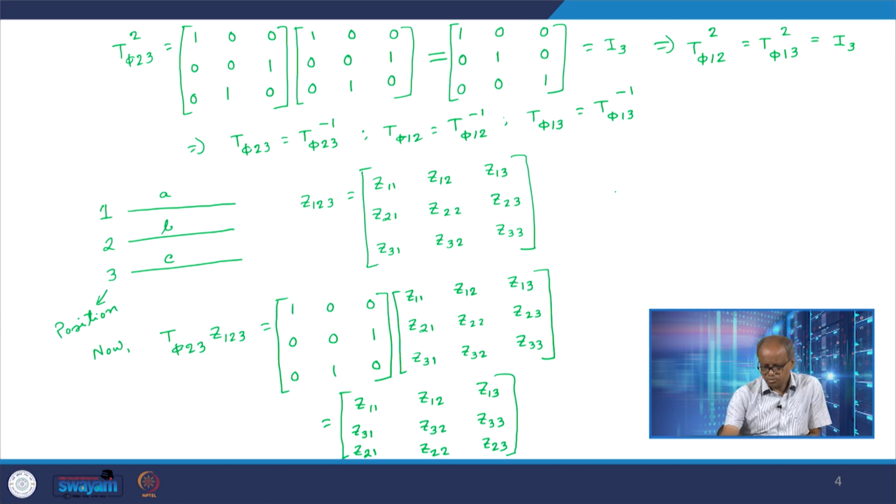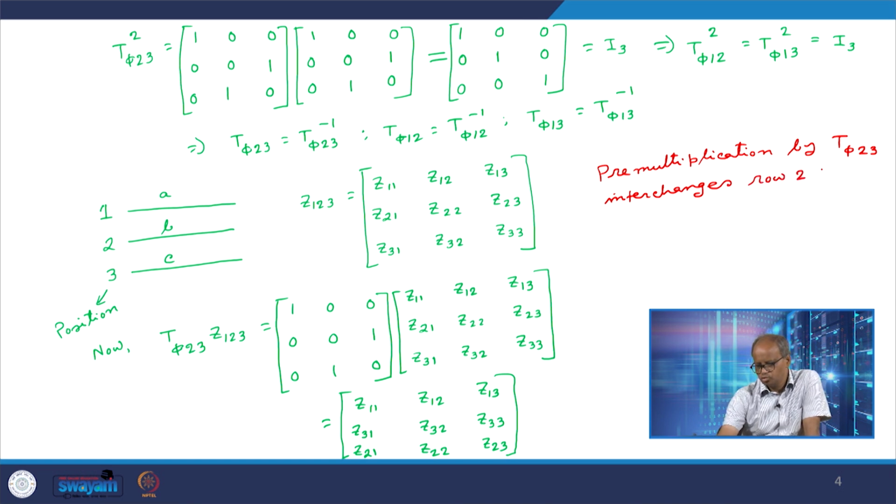So, I can say that pre-multiplication by T phi 2 3 interchanges row 2 and row 3 of the Z 1 2 3 matrix.